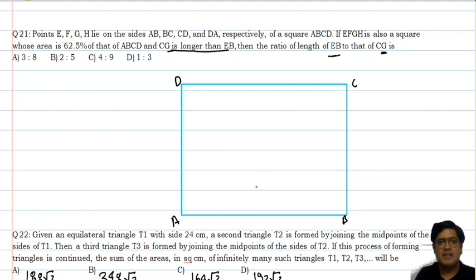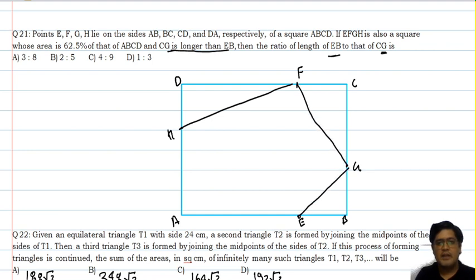These are named EFGH. So we are being told CG is longer than EB. That means E is closer to B and G is away from C. In this manner, this is close, this will be closer. Let us call this F, and let us call this H. So here what you are getting is a square. Pardon my drawing here. This inside structure is a square.